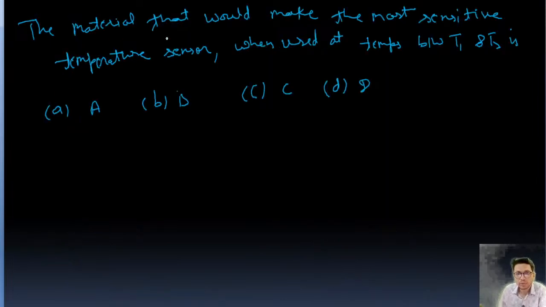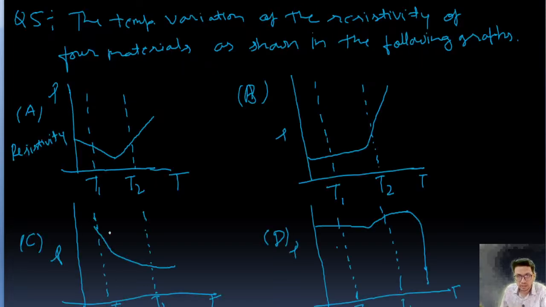Now, the material that would make the most sensitive temperature sensor when used at temperatures between T1 and T2. In this range of temperature we use it, so we just have to check the graph between T1 and T2.